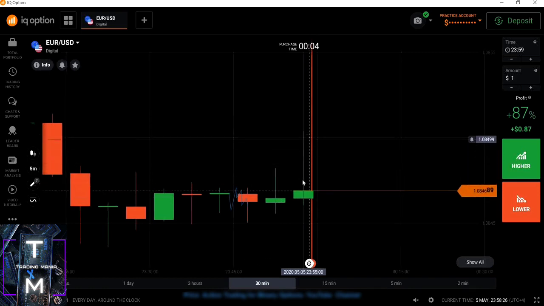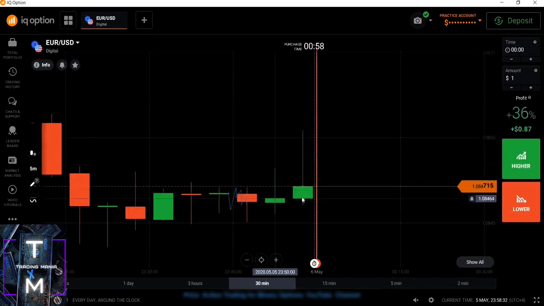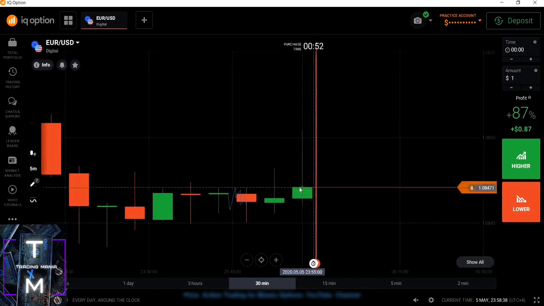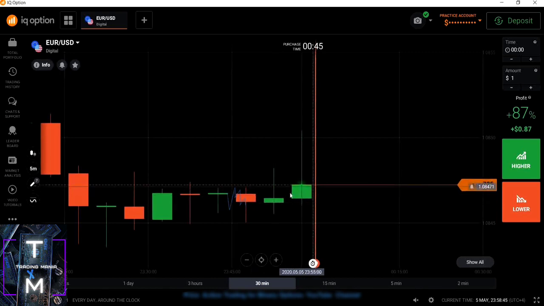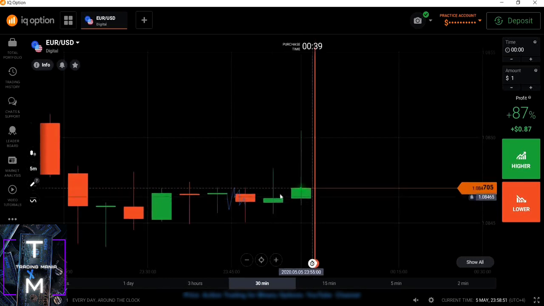Wick is a pressure that is forming during the candlestick formation itself, but close is the actual value at which the candle ended. So the price has actually gone up or actually gone down. Okay, so that is what you have to notice, the closing point of the previous candle and of this one.